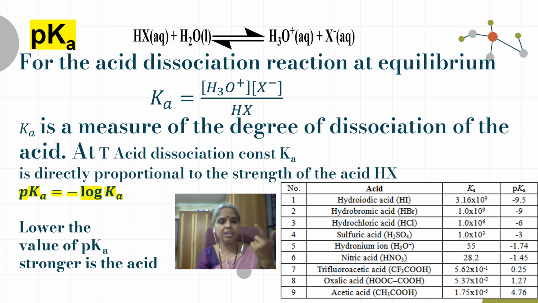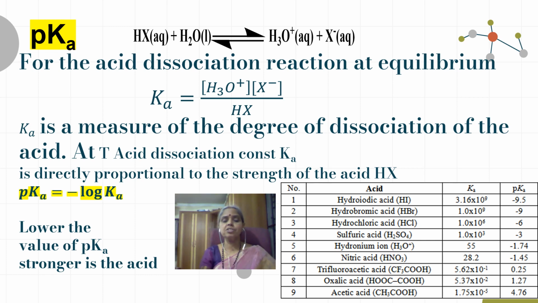So higher the Ka value, stronger is the acid. That is, the more the HX undergoes dissociation, the more will be the Ka value. Why? Because you have HX in the denominator. At the equilibrium point, concentration of HX will be very low and concentration of H3O plus will be very high.